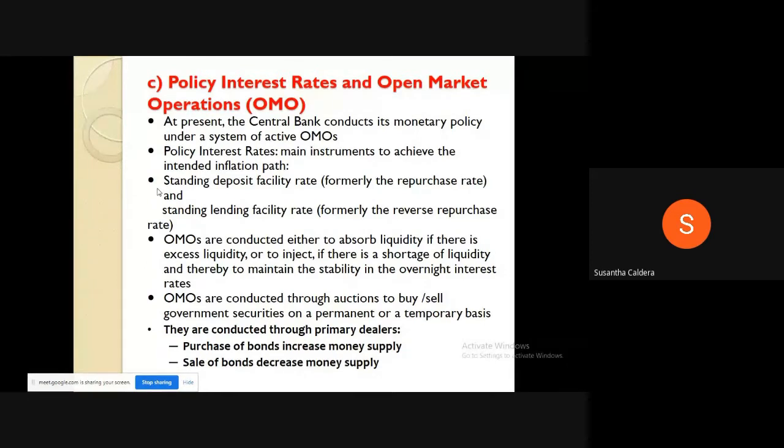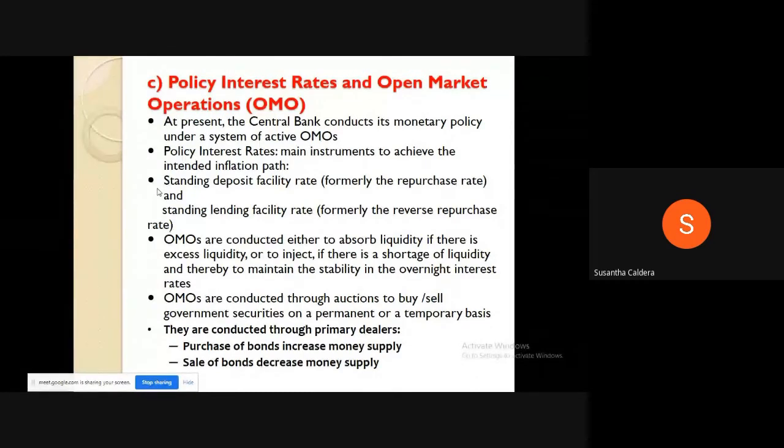Then policy interest rates and open market operations. At present, the central bank conducts its monetary policy under a system of active OMO, open market operations.